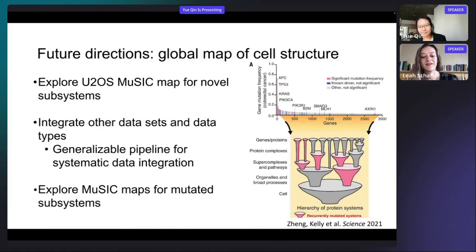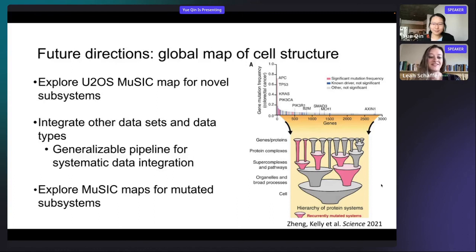So in this paper shown on the right, if we can use these multi-scale maps of cell structure to look at the cellular subsystems that the proteins encoded by these genes participate in, then we can get an idea of recurrently mutated subsystems in the cell. So maybe either complexes or biological pathways that might be recurrently mutated across different tumor samples.